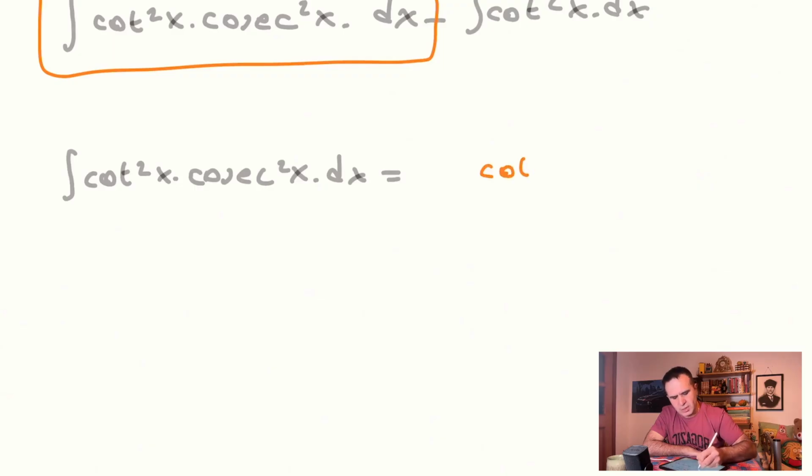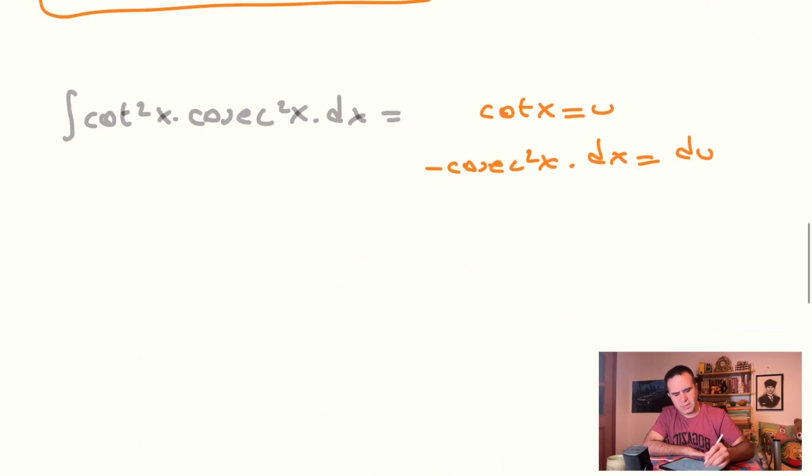Let's say cotangent x is equal to u. The derivative, minus cosecant square of x times dx, is equal to du. This means that cosecant square of x dx is equal to minus du.